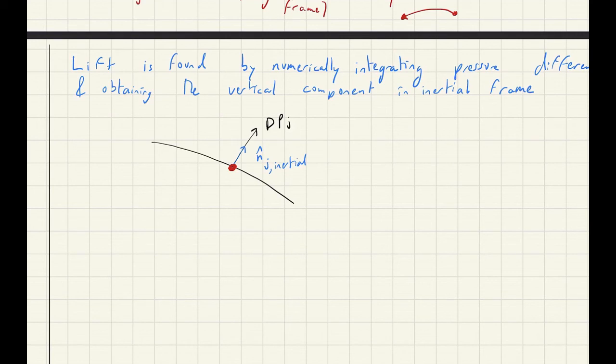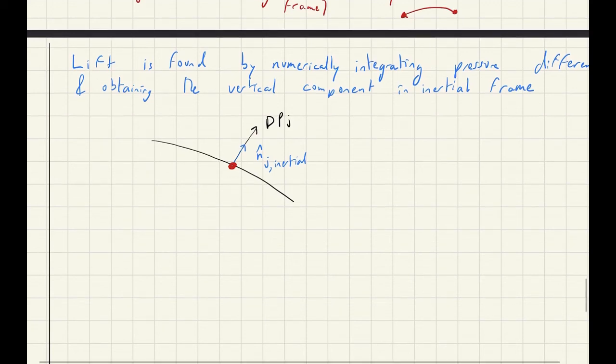Thus, to find the force vector resulting from this differential pressure, we take this differential in pressure and multiply it by the length of the panel, which is delta Lj.